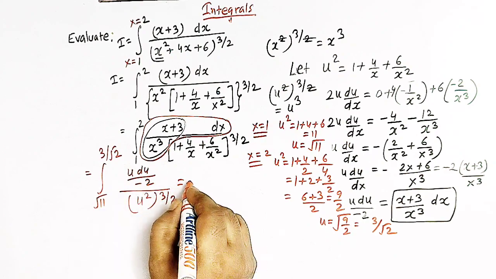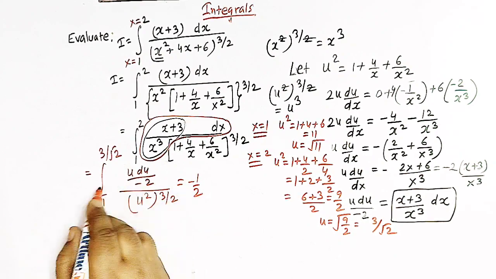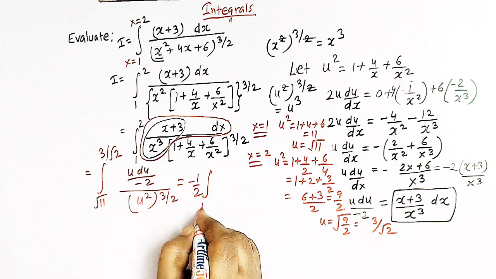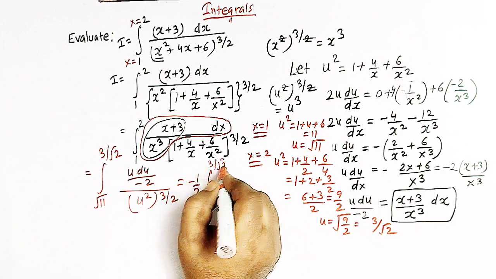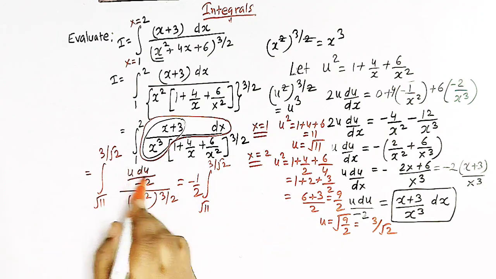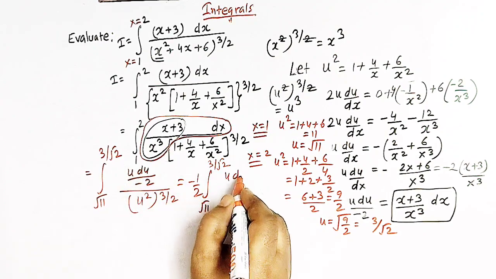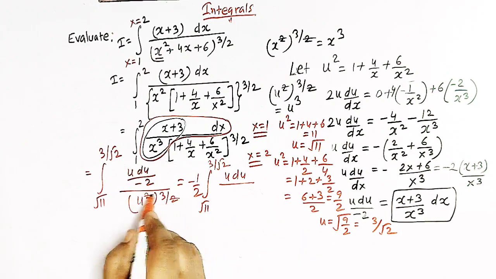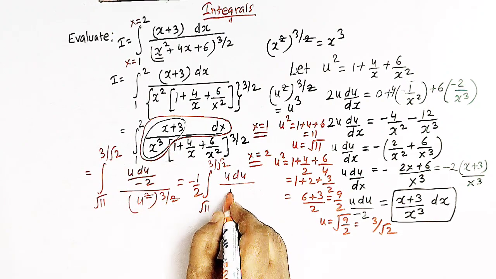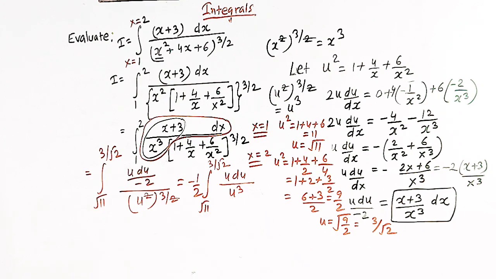Right? We can take minus half outside the integral, and we have square root of 11, and here 3 by square root of 2, and now we have u du, and in the denominator this 2 and this 2 get cancelled, so we are left with simply u cube. Right?